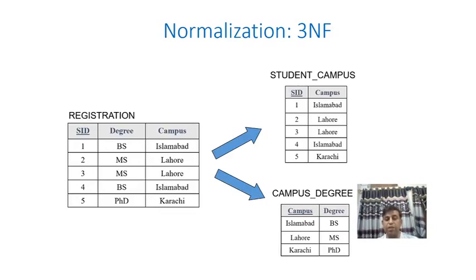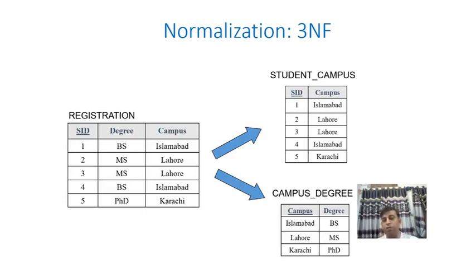In registration, there was a transitive dependency because the non-key attribute degree was dependent on the non-key attribute campus. To eliminate this transitive dependency and to convert the tables into 3NF, we have created two tables, student campus and campus degree. In student campus, we have specified the old primary key, that is student ID, and the non-key attribute campus.